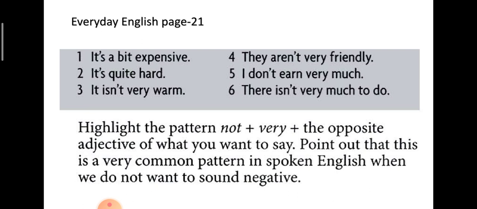Yeah, so here is how you soften your comment in a negative way. Number one, it's a bit expensive. Number two, it's quite hard. When I say it's hard, it sounds negative, but when you say it's quite hard, it's a little bit hard.